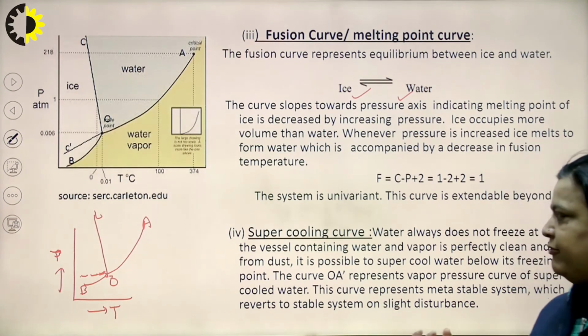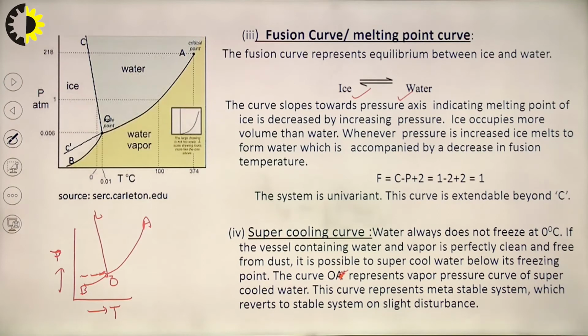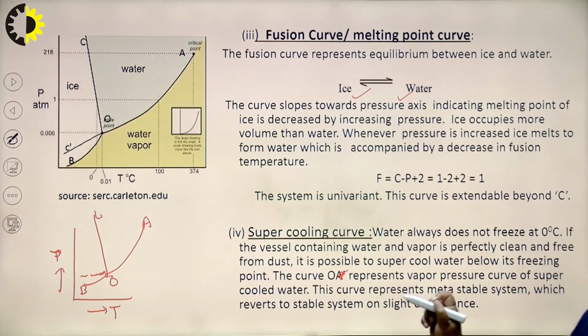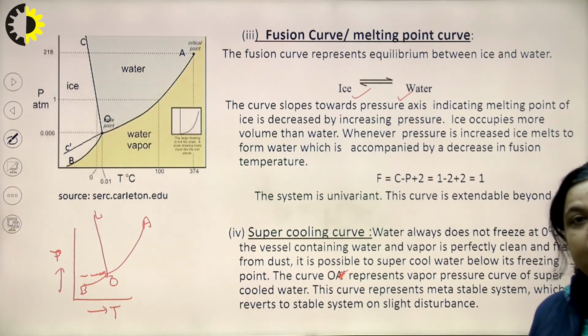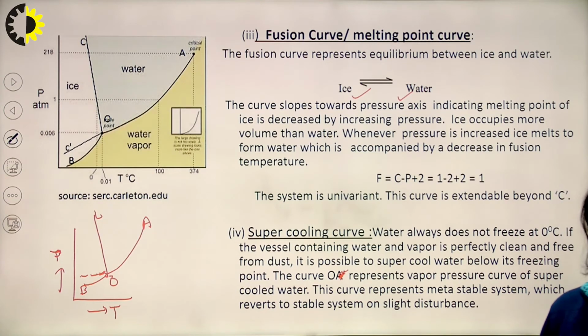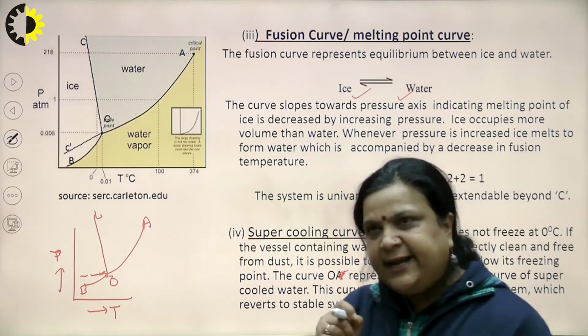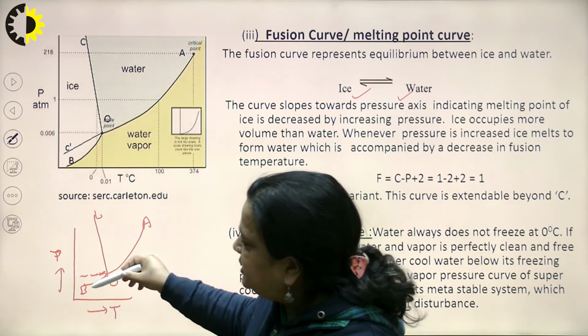So, this curve represents the vapor pressure curve of supercooled water, and it is shown by a dotted line. It is a metastable curve, and a slight disturbance or slight impurity or slight addition on this curve will merge it into OB.